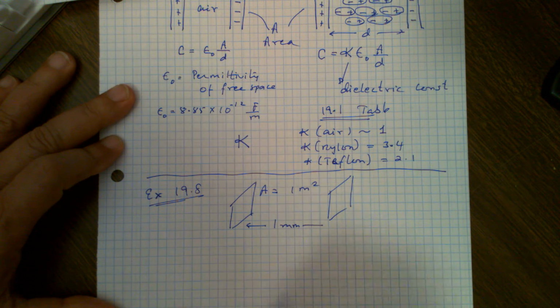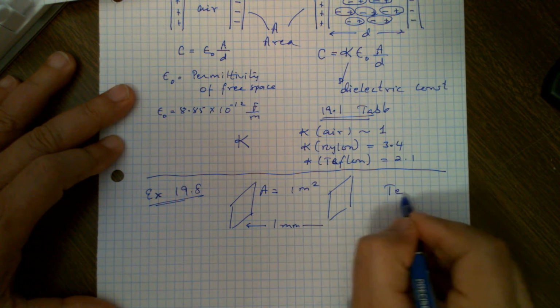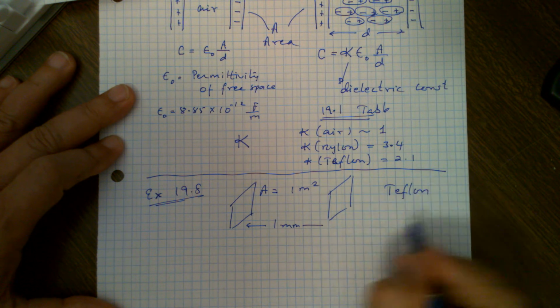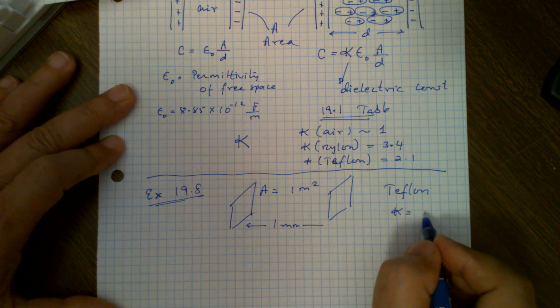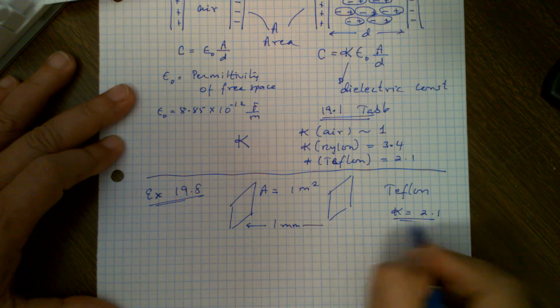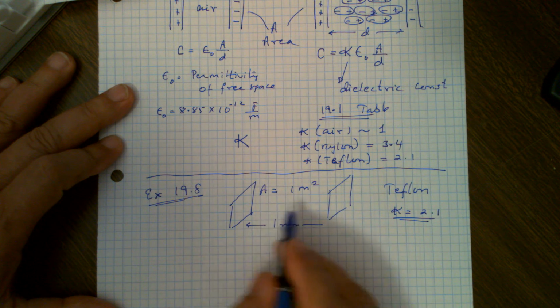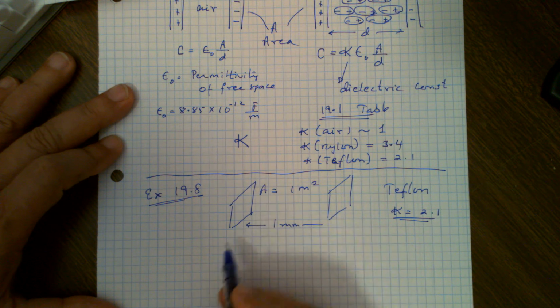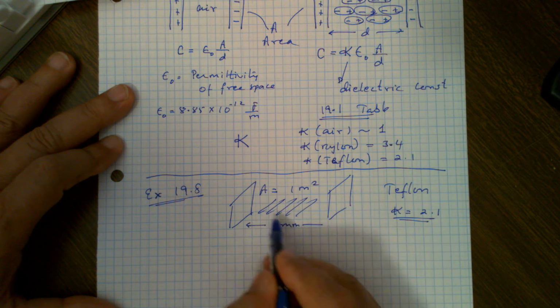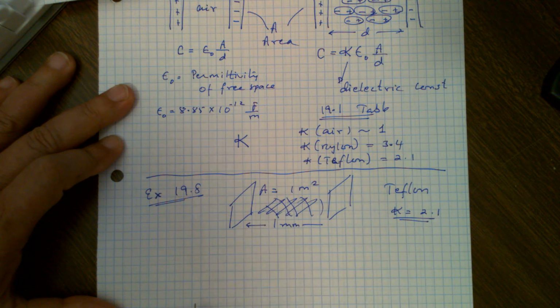So now I'm going to fill with Teflon, whose kappa is 2.1. In that case, what is the capacitance of this capacitor if I fill this with Teflon? So that's my question, right? I'm going to fill this with Teflon.